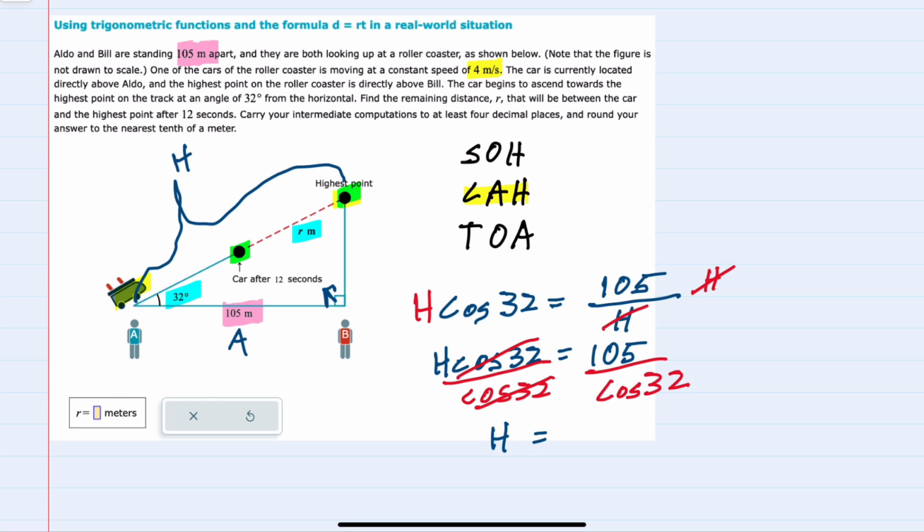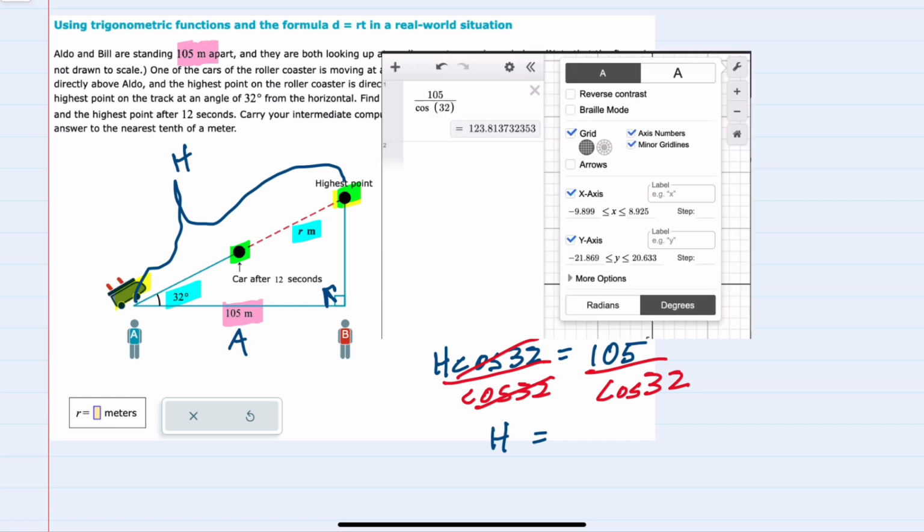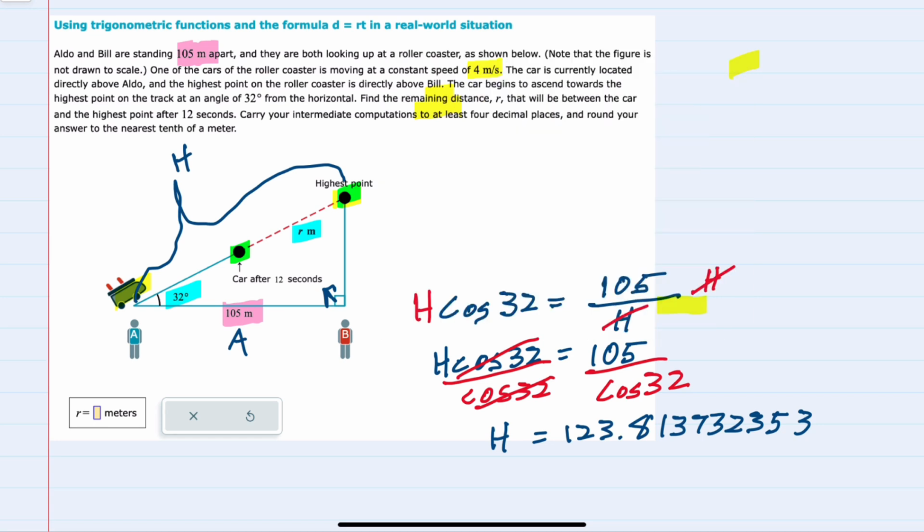105 divided by the cosine of 32 degrees, plugging into Desmos 105 divided by the cosine of 32, and confirming that our calculations are being done in degrees, gives us this measure, which I remember there were some instructions about intermediate calculations being rounded. Looking back at those instructions, we can see that we were told to carry intermediate computations to at least 4 decimal places.